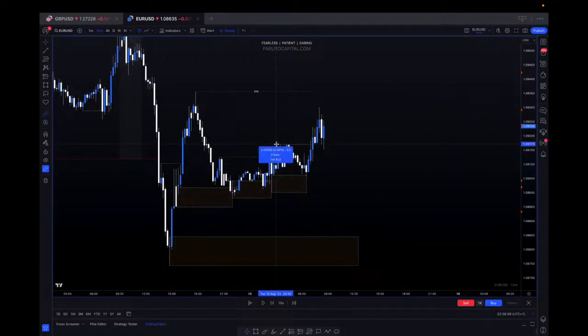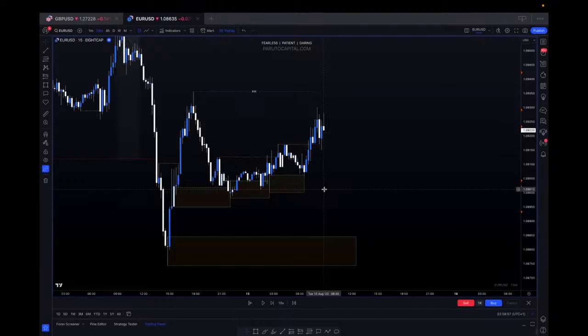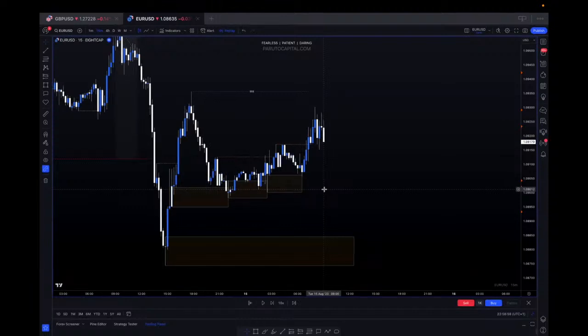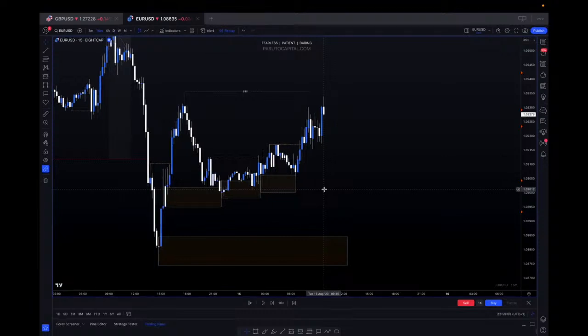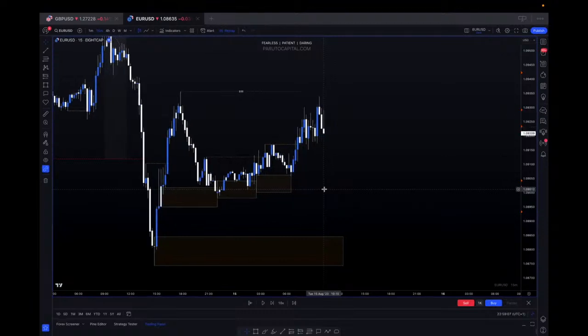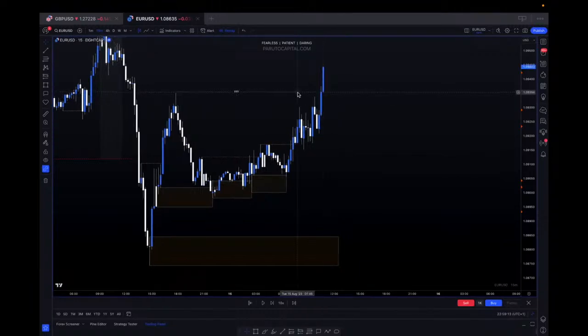This is about 10 pips, not much really. So simply just ignore. 8.5, there we go, 9.15. Price now is pushing up, 9.5, and that is it. Price has already come close to our target.